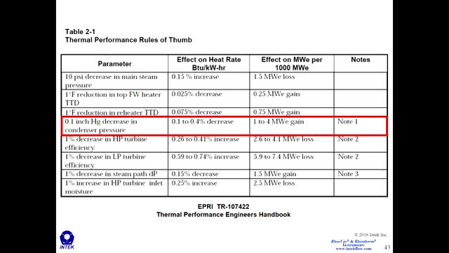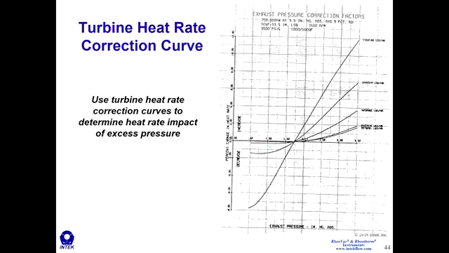Now you can use this rule of thumb. We talked about this Thermal Performance Engineer's Handbook rule of thumb. You can use this to estimate, but there's a better way to do it. Since we showed you 2 or 3 slides ago how to calculate your target pressure, and how you can compare it to your measured pressure, you can grab this curve, which should come with your turbine thermal kit. This is a turbine heat rate correction curve.